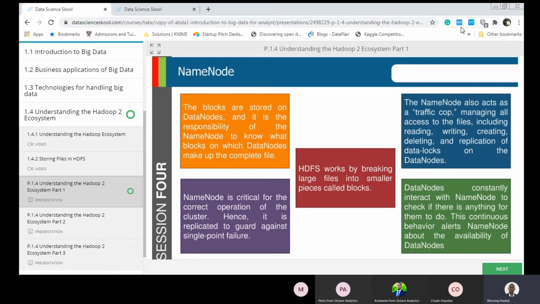So the name node, as I said, acts like a traffic cop, like a traffic police that is saying, okay, you go to this place, you go there, what are you looking for? This is where you find it. What do you want to write? Okay, go to that location and write it there. You want to write Blessing Oladeji? Okay, go to computer number 15 and computer number 3.